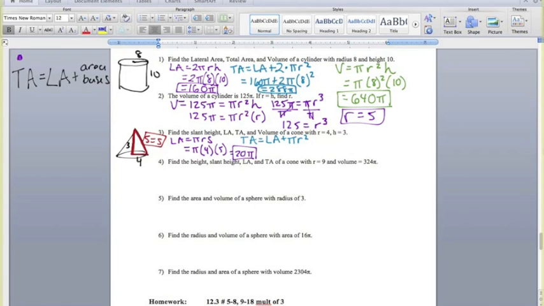So we get 20 pi plus pi times 4 squared. 4 squared is 16, and add that to 20, and we get 36, and the pi just tags along.